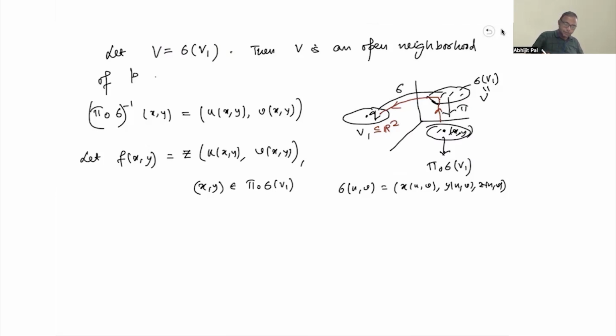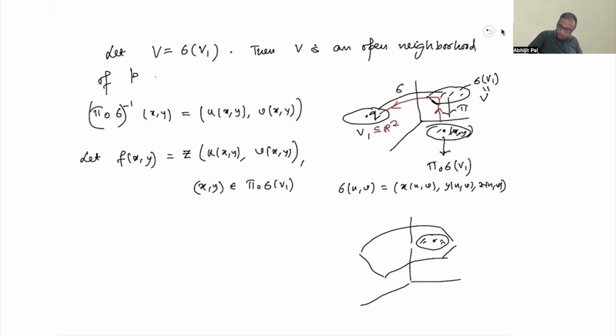Okay, so therefore we have shown the theorem. So locally, this surface is a graph of a function. Suppose you take the surface patch. So what we have shown: I am getting a point here in this case.